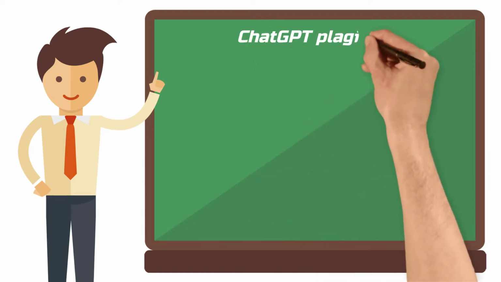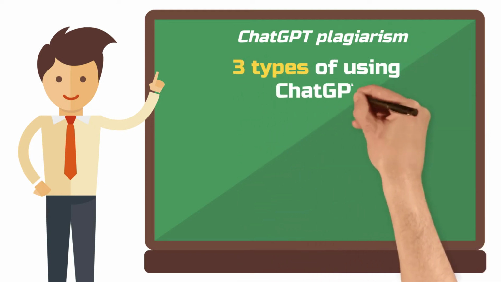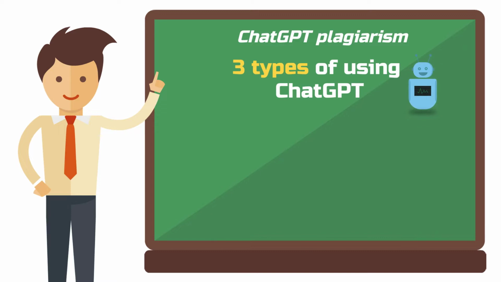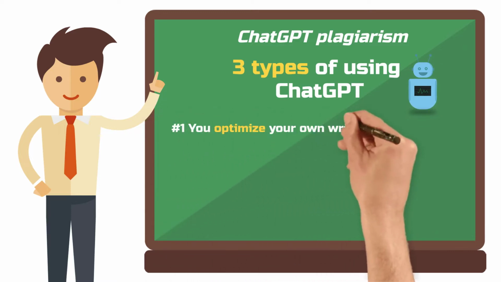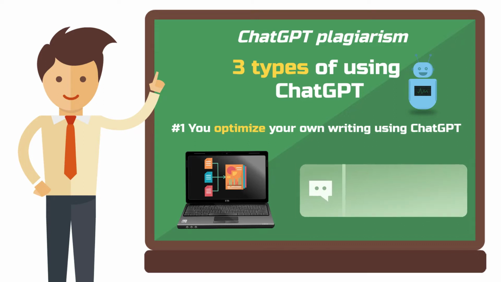From my point of view, it makes sense to distinguish between three forms of using ChatGPT. First, using ChatGPT for grammar and spelling checks. Let's say you write your own text and use scientific sources that you cite as usual. Now you ask ChatGPT to optimize this text you have just written. The AI program could, for example, check grammar and spelling, find synonyms, or paraphrase the text to make it sound more scientific.